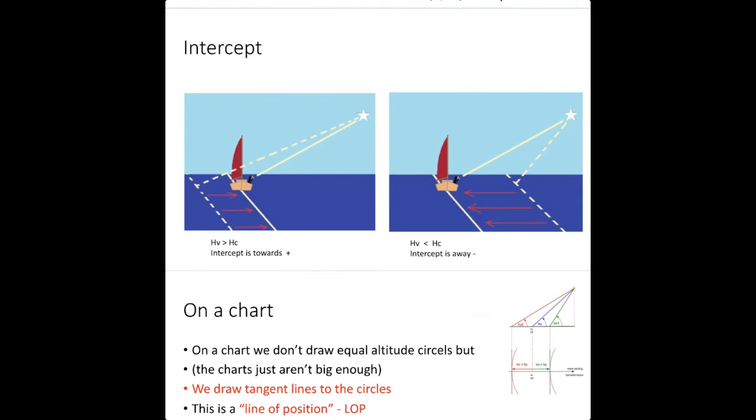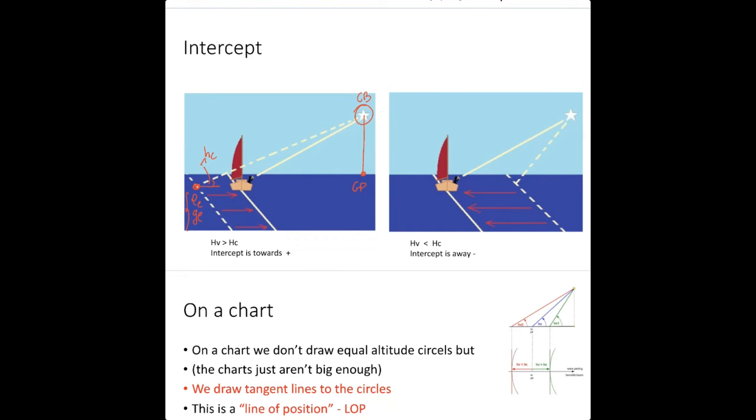Okay, so you can see it here. If this is your celestial body, here you find the geographical position of the celestial body. Okay, this is your estimated position, LE and GE. And so from the estimated position, you calculate here HC.